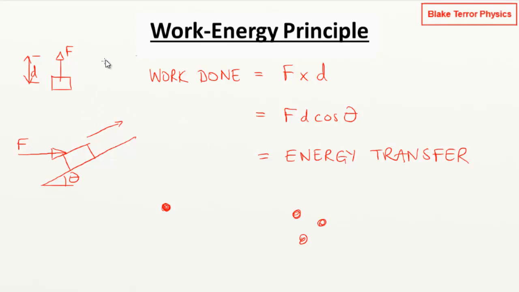So we've transferred energy from our muscles to the system of the thing that we've lifted up and the earth, that gravitational system. So this work energy principle, which is one of the foundational principles in physics, we're going to be using this loads, particularly in classical mechanics, but also in some of the other topics.